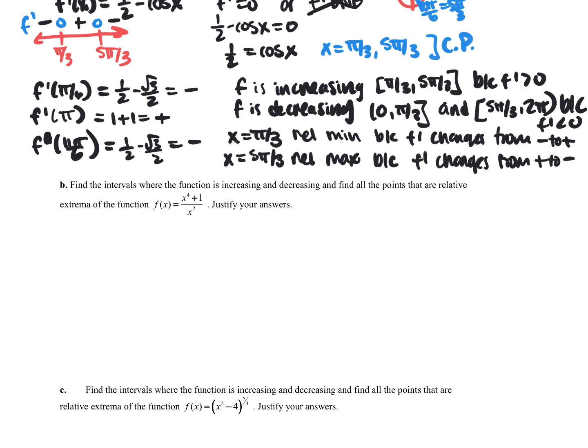But now is where we have some of the weirder stuff happen. All right, so we start by taking the derivative. What are we going to have to use here to find the derivative? Since it's a fraction, division. Quotient rule, right? We're going to have to use the quotient rule. I guess you could rewrite that as a product if you want. But we're going to have to use the quotient rule.